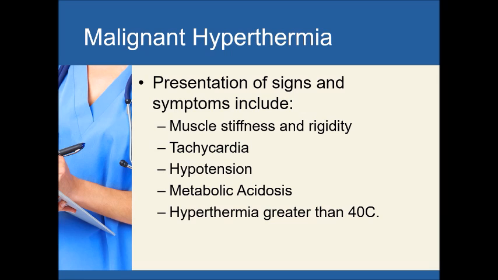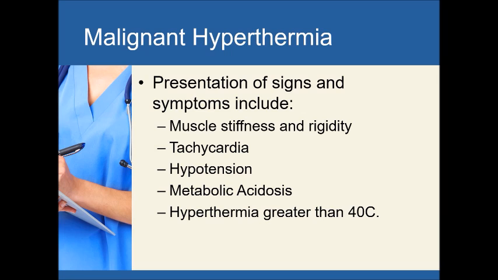How this presents is usually patients present with muscle stiffness and rigidity. They could be tachycardic, with blood pressures on the lower side. They could present with metabolic acidosis, and the acidosis happens due to the increase in metabolic rate due to high temperatures. So higher temperature equals higher metabolism. However, oxygen remains at the same amount in the blood, right?